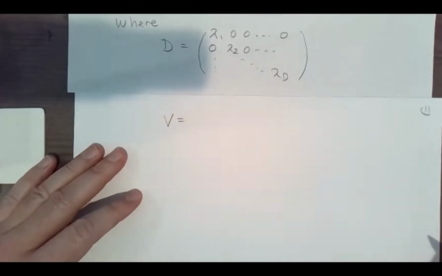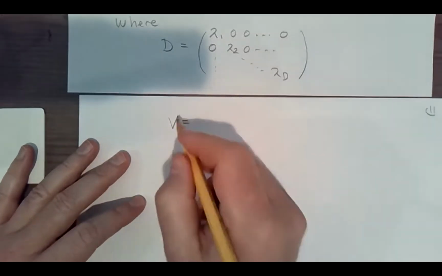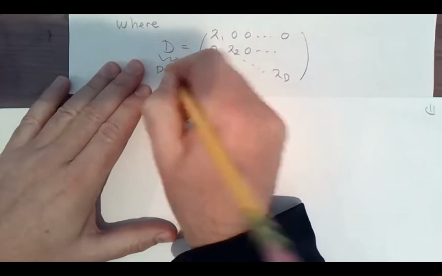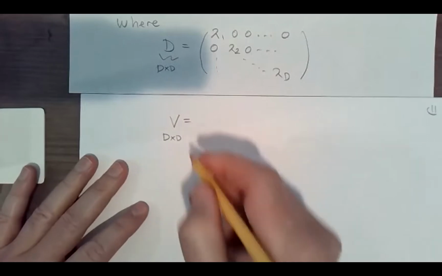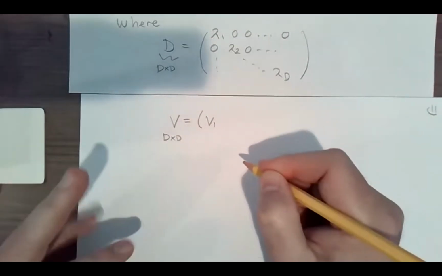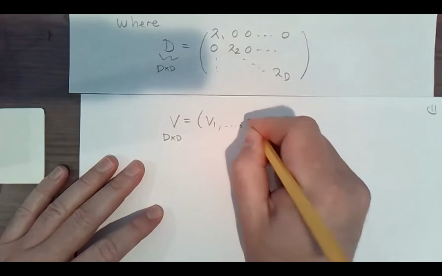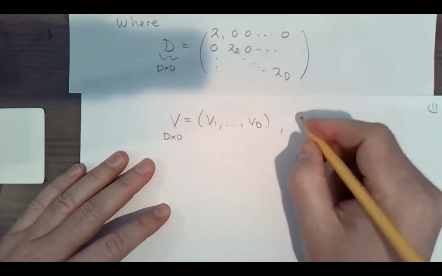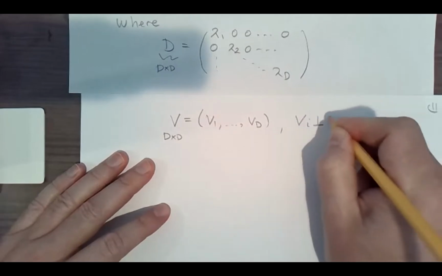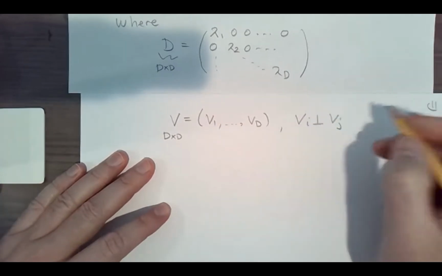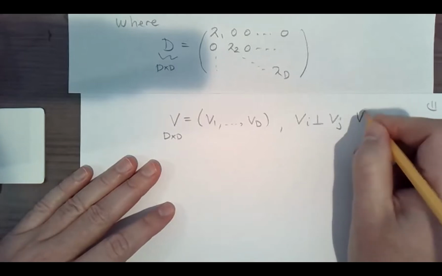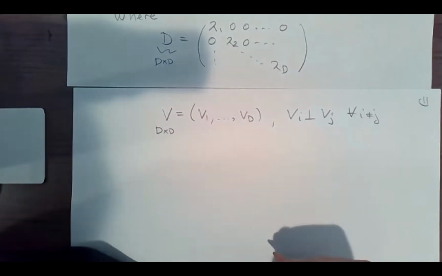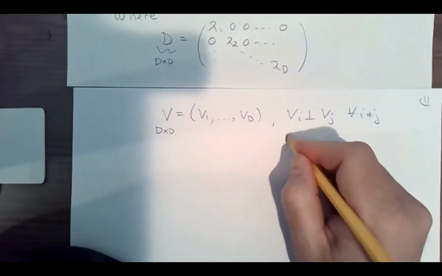V is a D by D matrix. V is equal to eigenvector 1 up to eigenvector D. These eigenvectors are orthogonal, and they have norm 1.